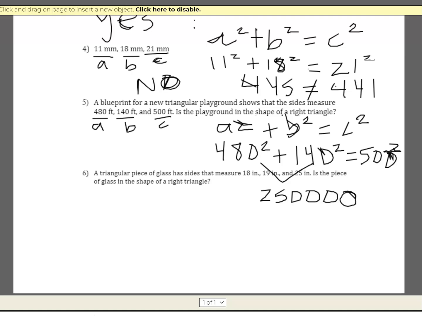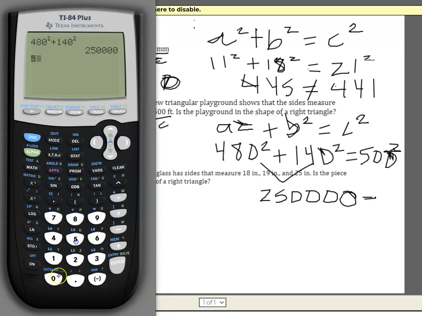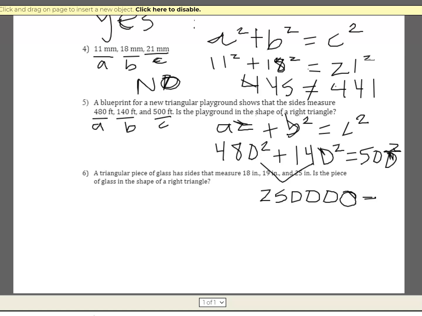All right, and now we're going to see if the other side is equal. So 500 square. And yes, they are equal. So yes, it is a right triangle.